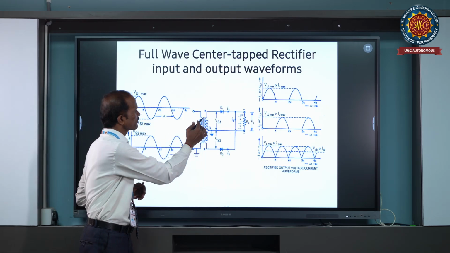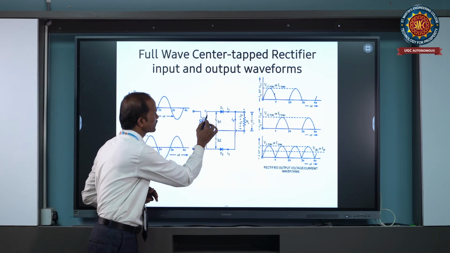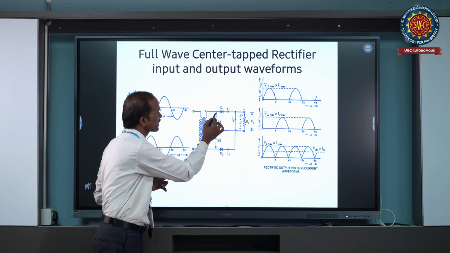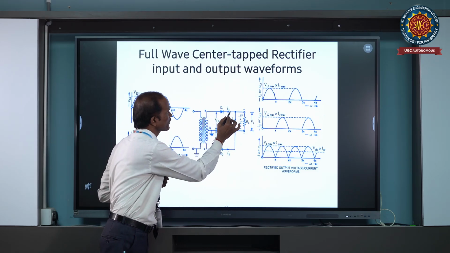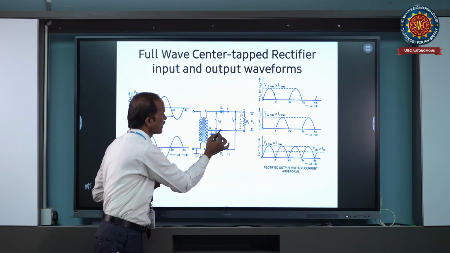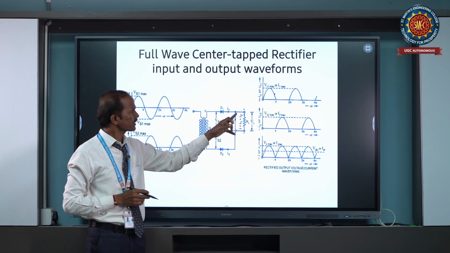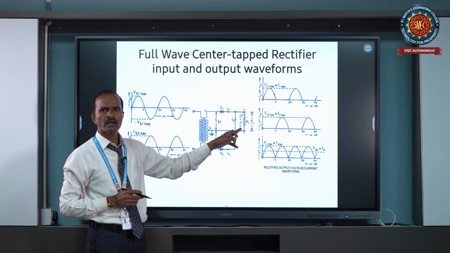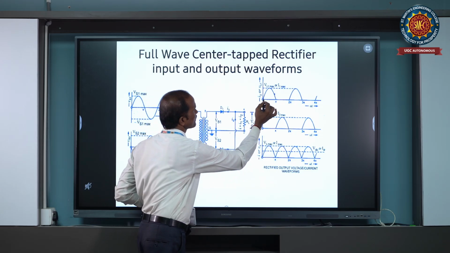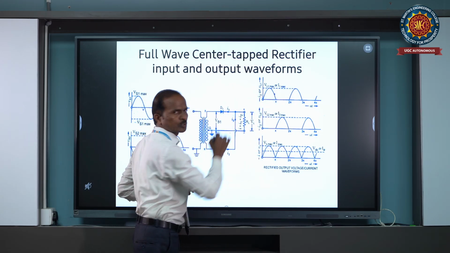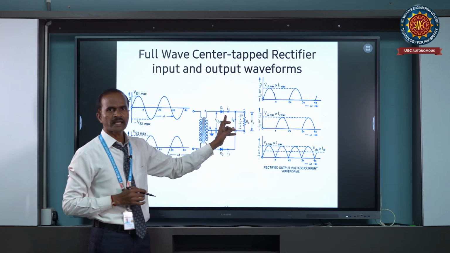The current passes through diode D1 towards the load resistor RL and towards the ground. When the current passes through the load resistor RL, the voltage drops across RL. This is the output of the center tap rectifier during diode D1.